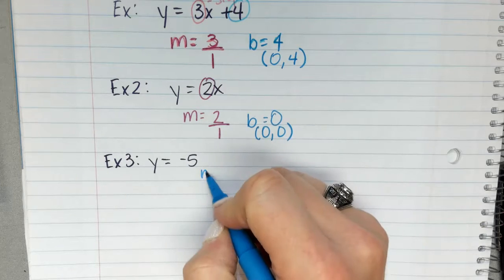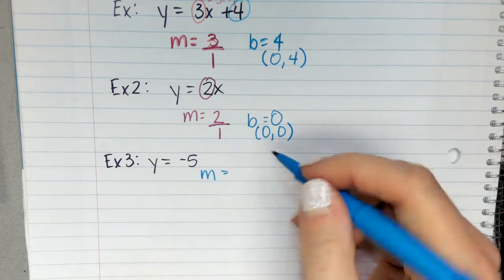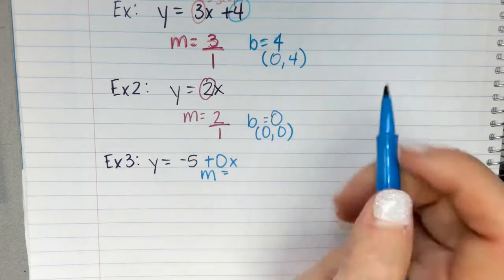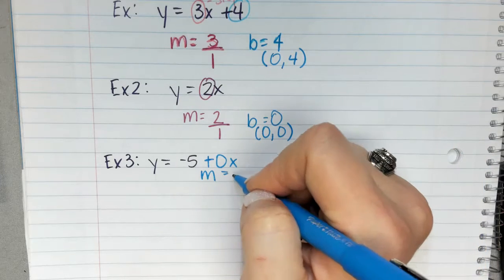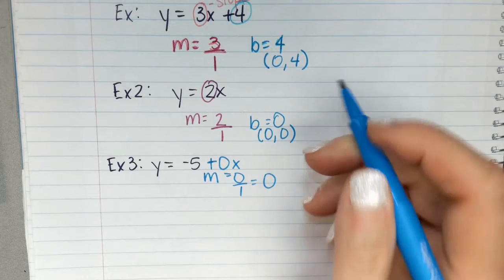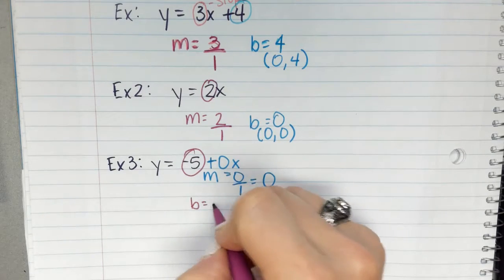Nope. So your slope is going to be, it's like you have to add in plus 0x. So your slope is 0/1, which is just 0. And then your b, well, we already know what our b is. It's this right here. Your b is going to be your -5.